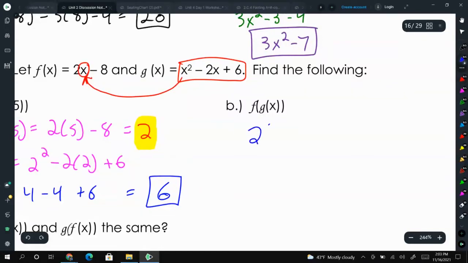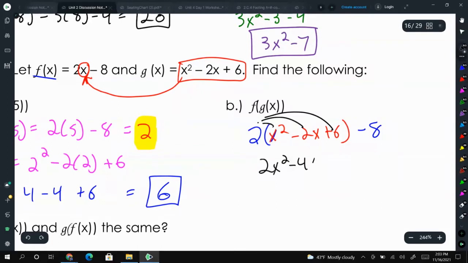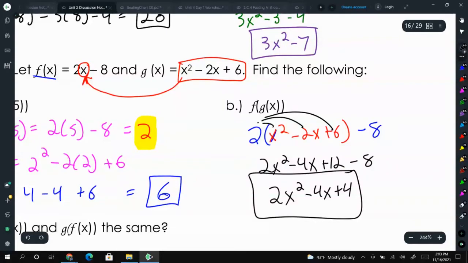So it's going to be 2, but instead of x, we're going to write x squared minus 2x plus 6. And then we still have that minus 8 from the f equation right here. Distribute: 2x squared minus 4x plus 12 minus 8, which then simplifies to 2x squared minus 4x plus 4. And that would be our composed function.